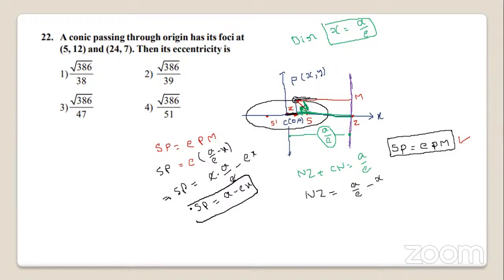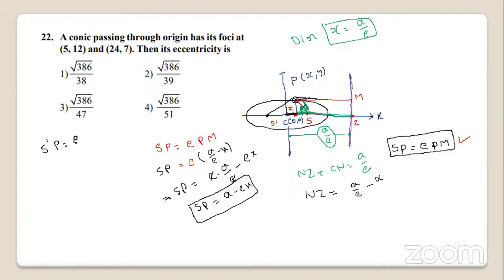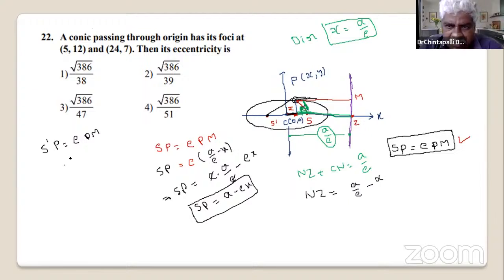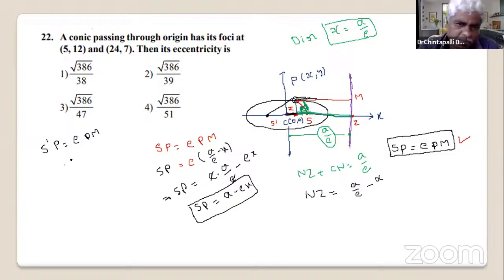If you take S dash, here also we can use the same formula. S dash is also a focus, so we can apply the same formula. Try to continue. S dash P is equal to E times PM.